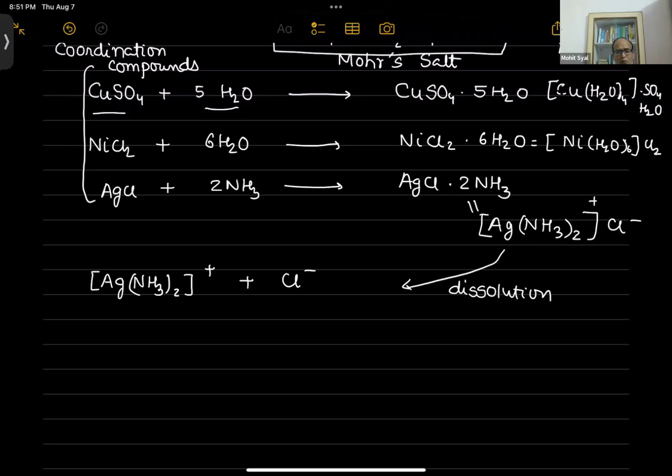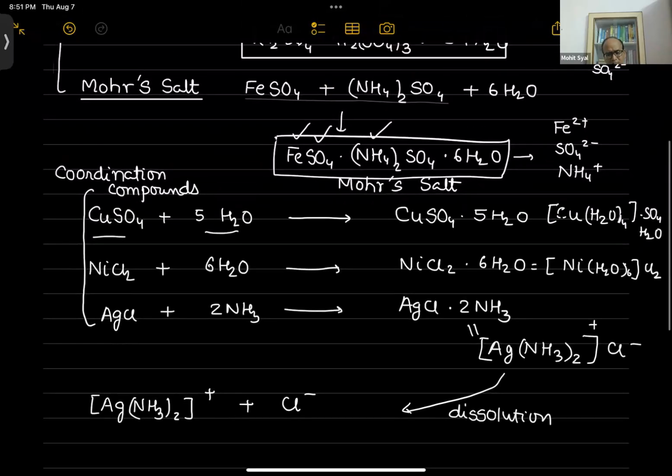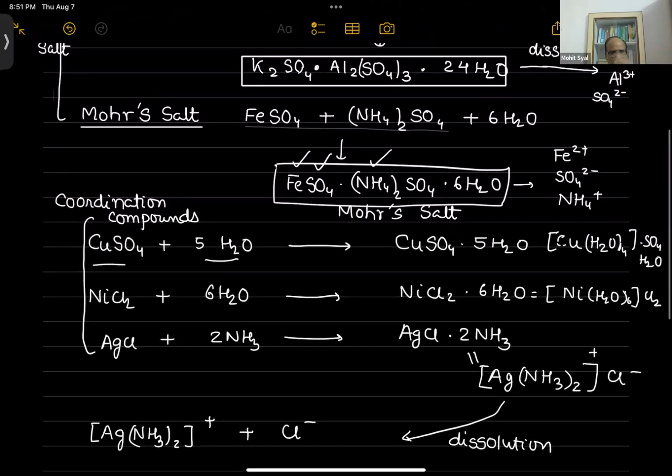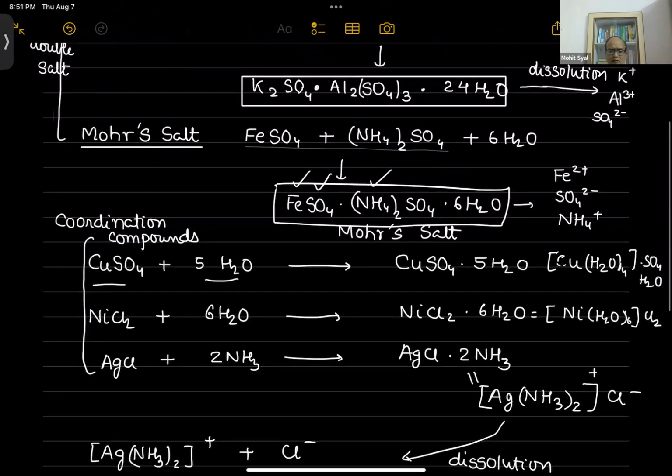Has it broken completely into Ag plus, ammonia and Cl minus, or only a part of it is separated out and the remaining is still intact, right? So that is the only difference between the coordination compounds and the double salts.